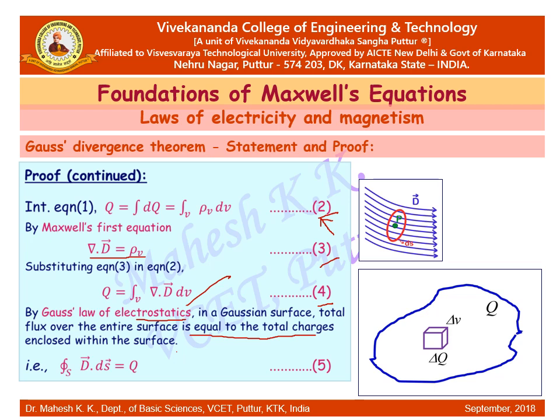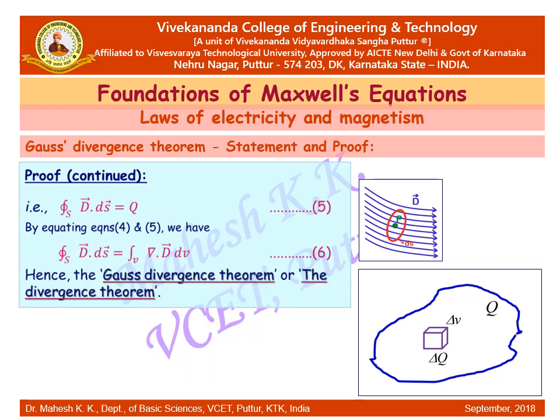So the surface integral of D dot dS is equal to Q. By equating equations 4 and 5, because both of them represent capital Q, we get the surface integral of D dot dS is equal to the volume integral of del dot D into dV.